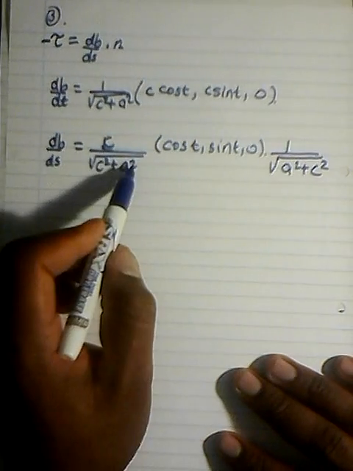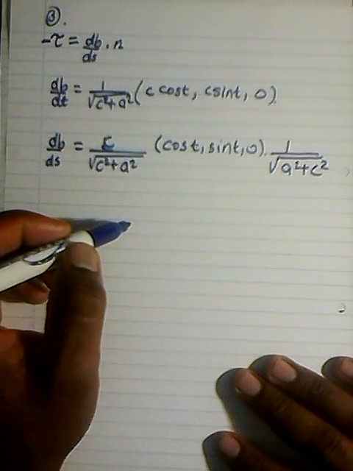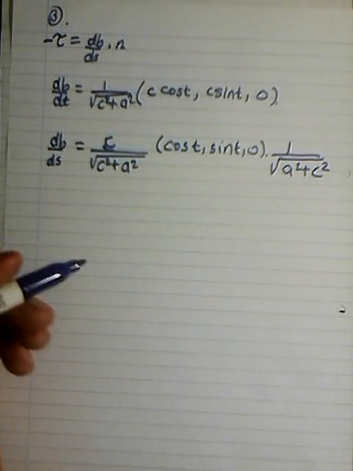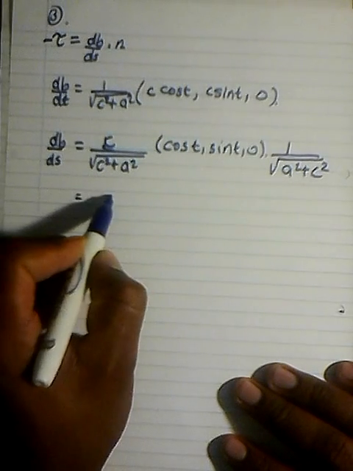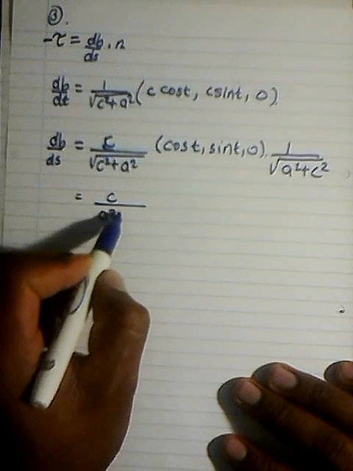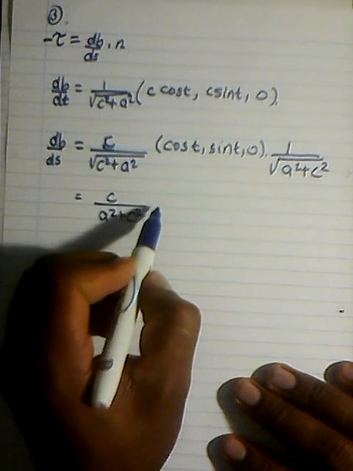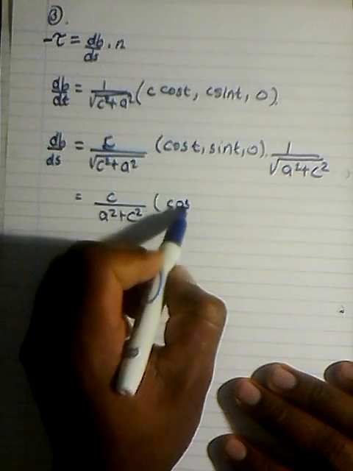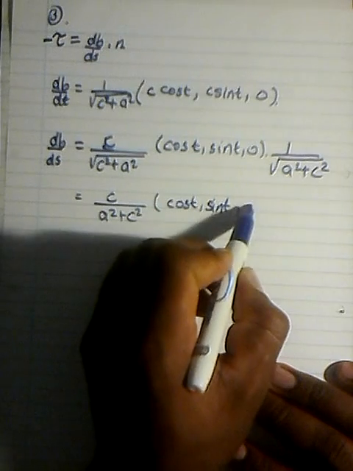We can multiply that out to give c over a squared plus c squared, multiplied by cos t, sine t, and 0.